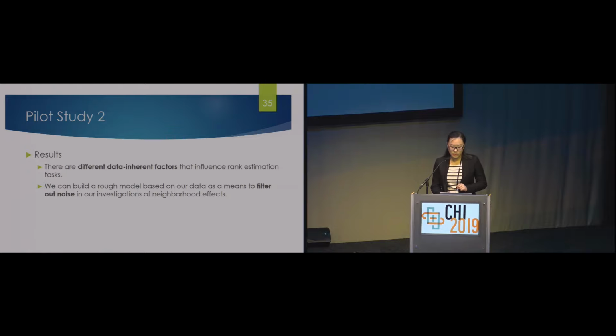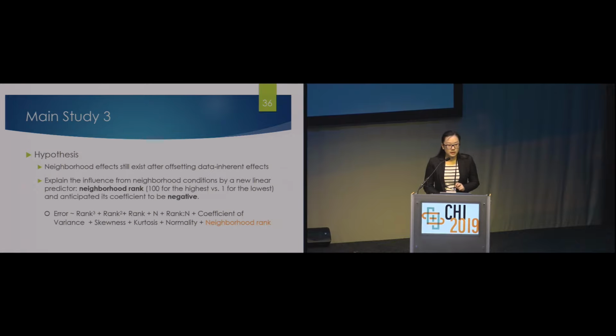From pilot study 2, we know that there are different data inherent factors that influence the accuracy of the rank estimation task, and we build a rough model based on our data in order to filter out noise and to better investigate the neighborhood effects. Then we conduct the main study, study 3. We hypothesized that neighborhood effects still exist after we offset the data inherent effects.